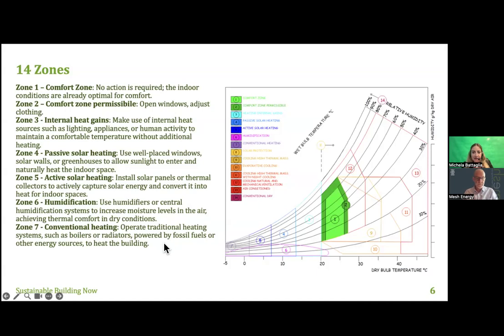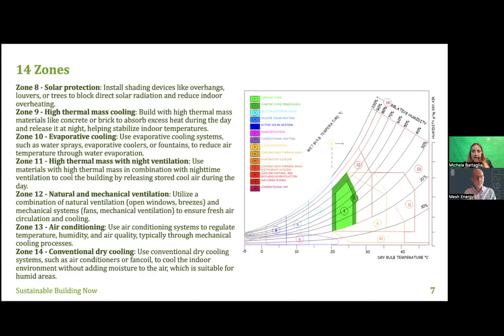Then zone 7, conventional heating, is the case where the temperature is so low that the only way to achieve thermal comfort inside a building is using a conventional heating system, like, for example, radiators.